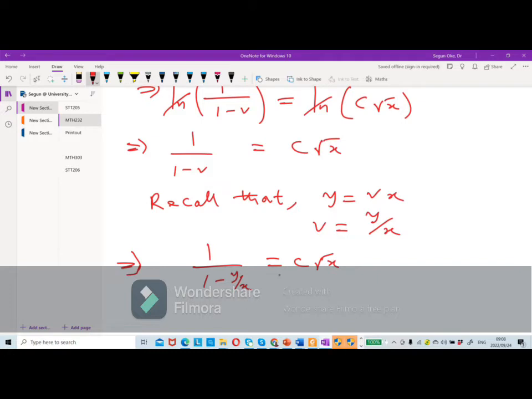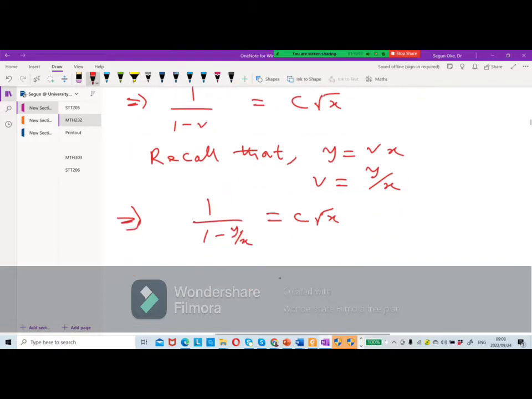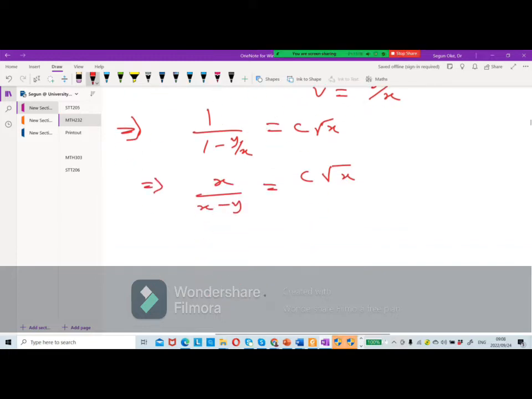So when you rationalize this one, at the end of the day, you are going to have x over x minus y equals c square root of x. But we still need our y, don't forget, it is your target.